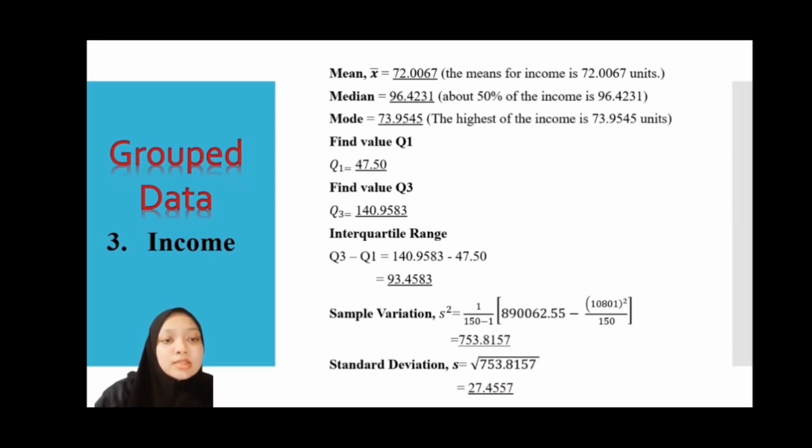Sample variance for income is 753.8157. And lastly, for this numerical descriptive measure, the standard deviation for income is the square root of the sample variance, and the answer is 27.4557.